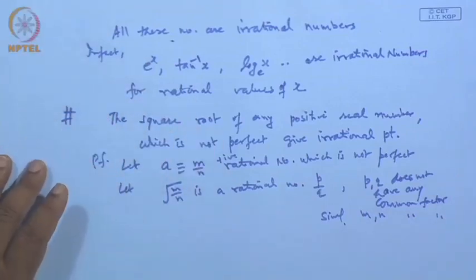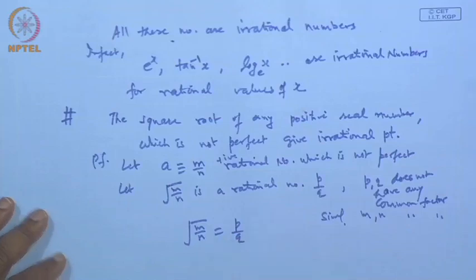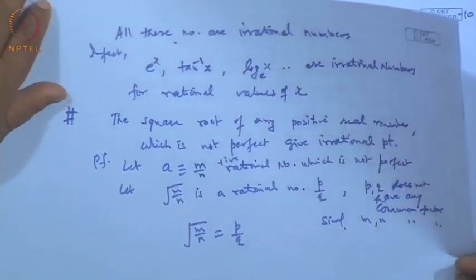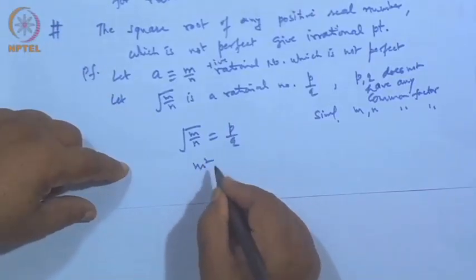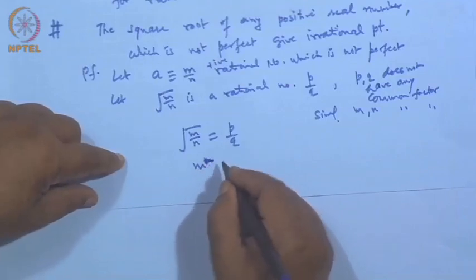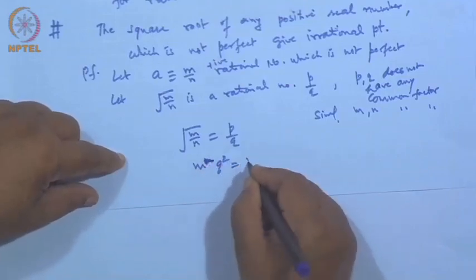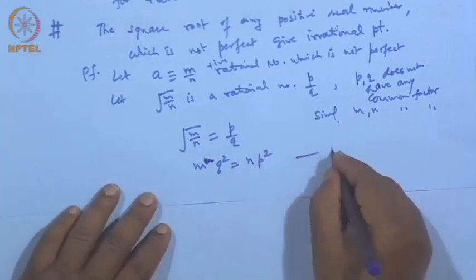Okay. Now, let us see, under root m by n is p by q. So, we get m into q square equal to n into p square, let it be 1.